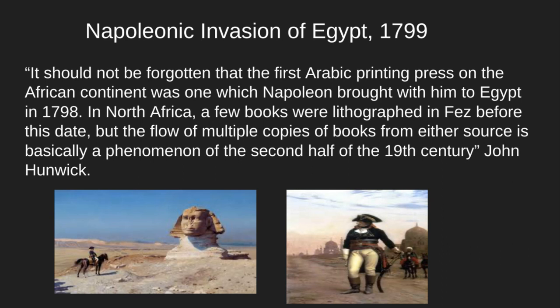He stated, it should not be forgotten that the first Arabic printing press on the African continent was one which Napoleon brought with him to Egypt in 1798. In North Africa, a few books were lithographed in Fez, in Morocco, before this date, but the flow of multiple copies of books from either source is basically a phenomenon of the second half of the 19th century. Okay, so that's something that gives us pause.